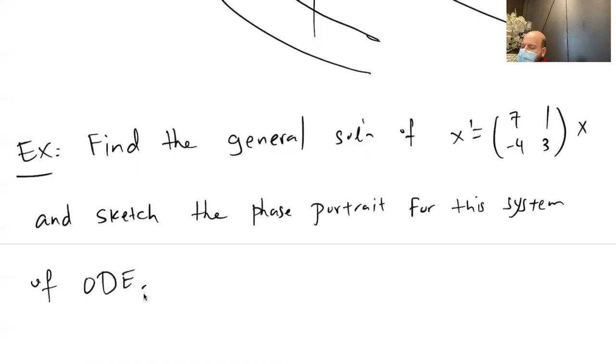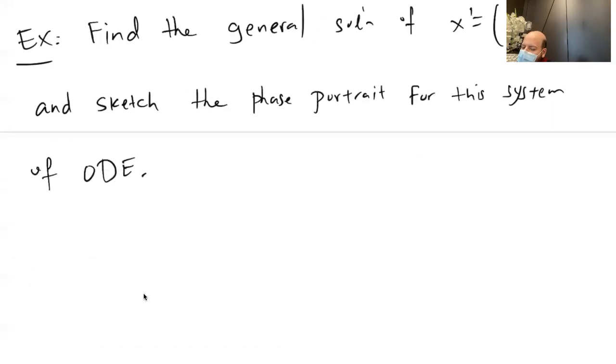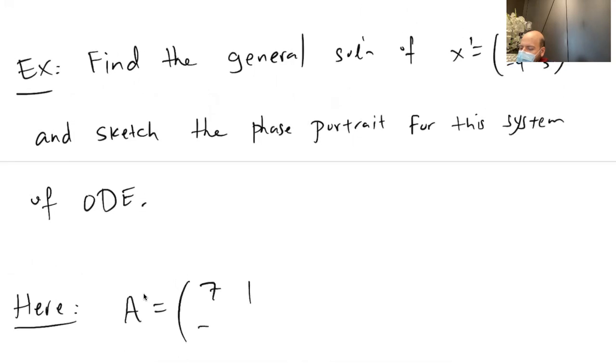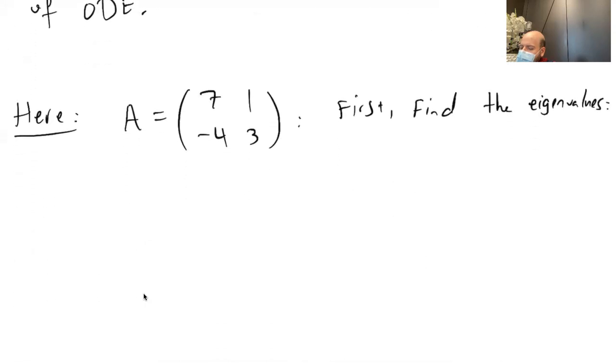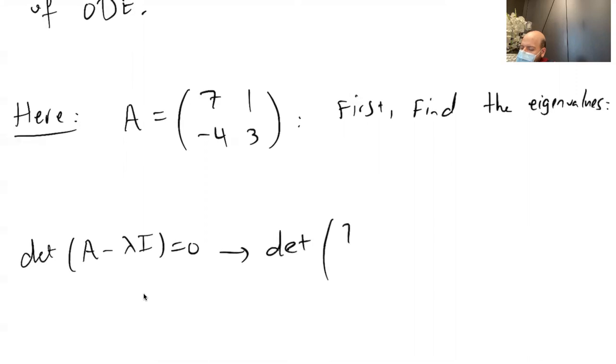So first we need to find the eigenvalues, like always. Here A is 7, 1, minus 4, 3. So how do I find the eigenvalues? I need to solve determinant of A minus lambda I equals 0. That gives me the determinant of 7 minus lambda, 1, minus 4, 3 minus lambda equals 0.